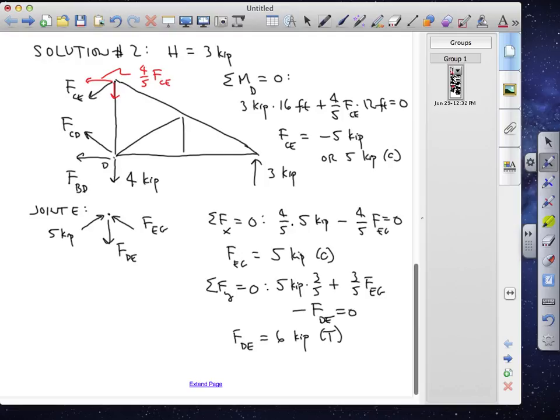So these are two of several possible solution strategies we could use to find the load carried by member DE.